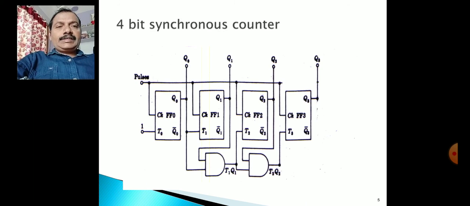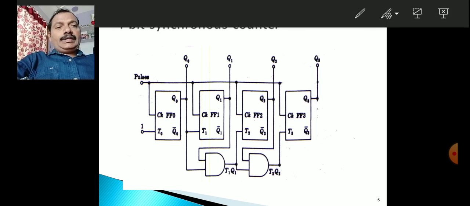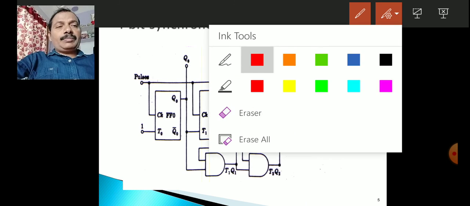You can call it a 4-bit or 4-stage synchronous counter, and you can call it a mod 16 synchronous counter. These are the names you have to remember.